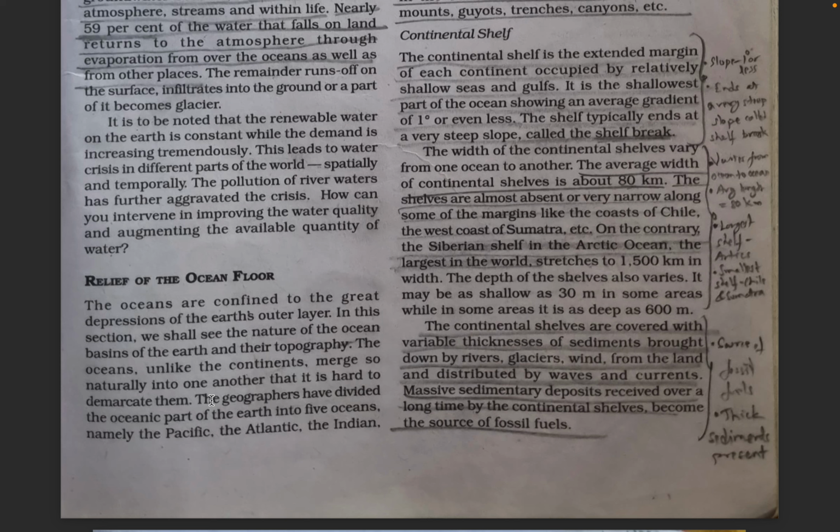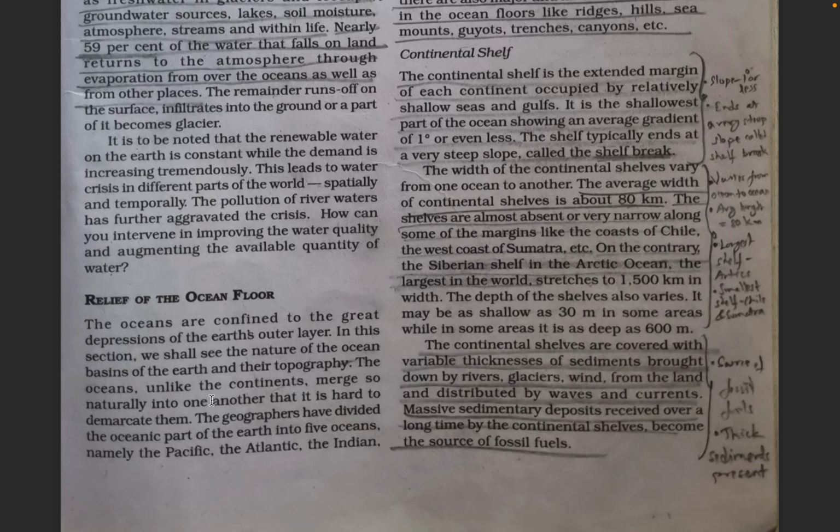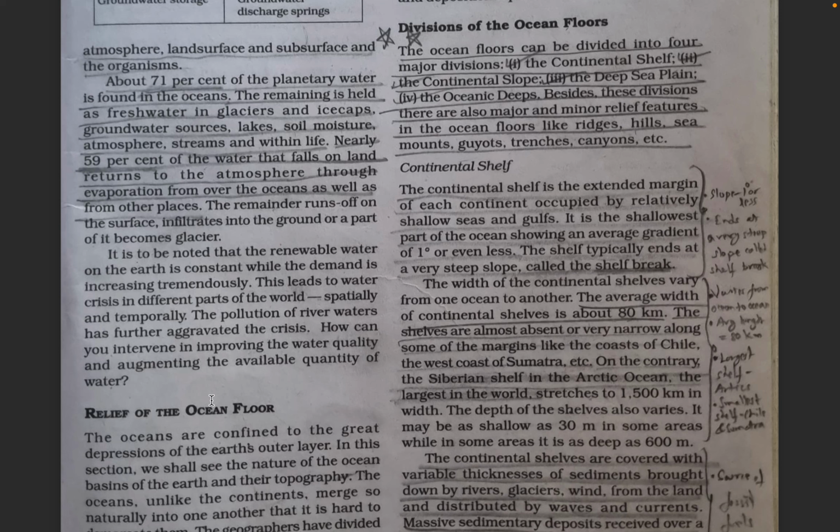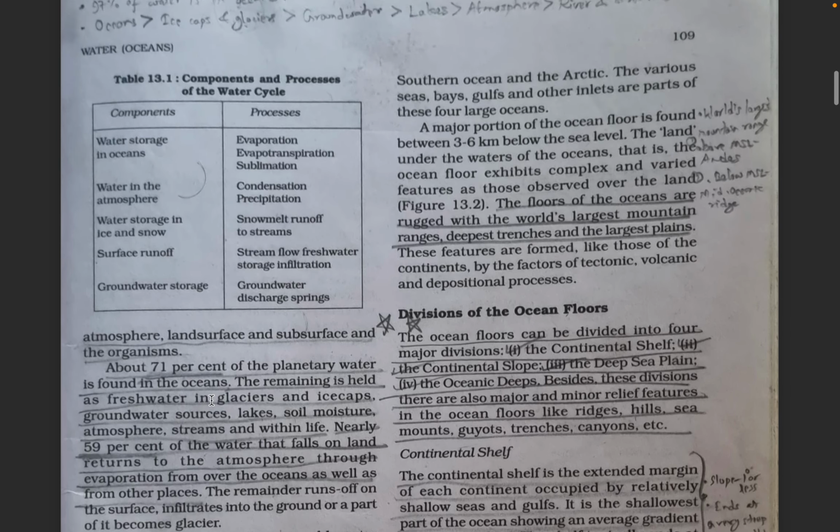As we have already studied about the relief of the outer surface of the earth, which is above the mean sea level, the landscape, here we are going to read about the underground configuration of the land, the configuration of land below the mean sea level. The major portion of ocean is between 3 to 6 kilometers below the sea level. The floors of the oceans are rugged, with the world's largest mountain ranges, deepest trenches, and the largest plain.